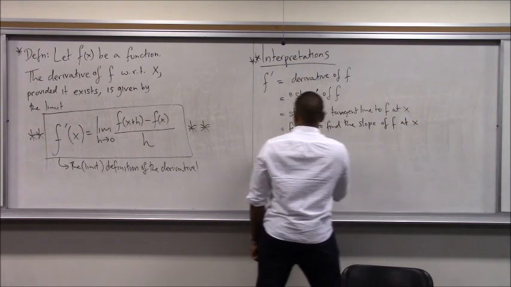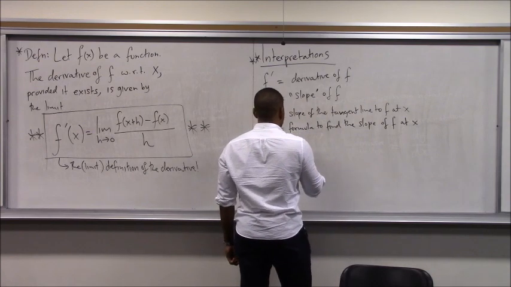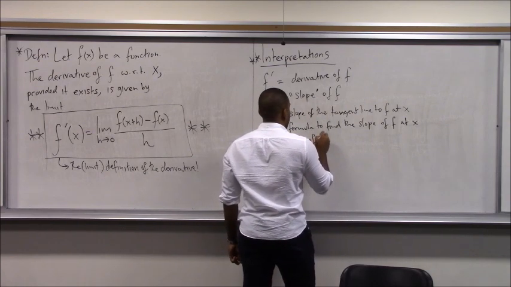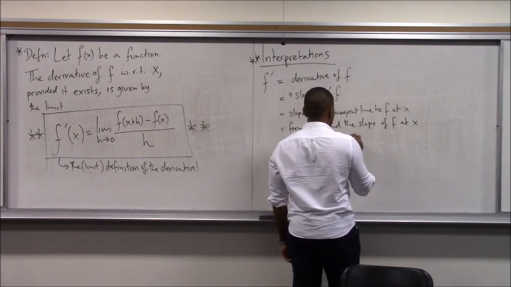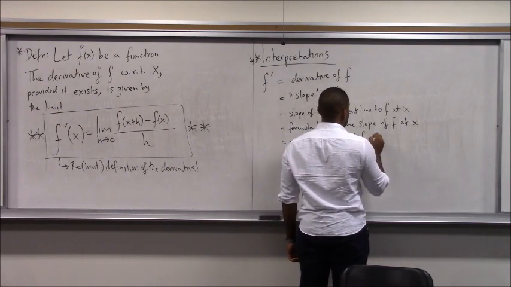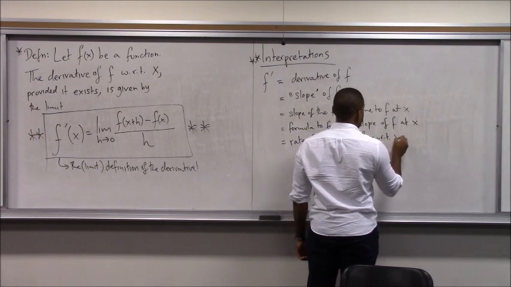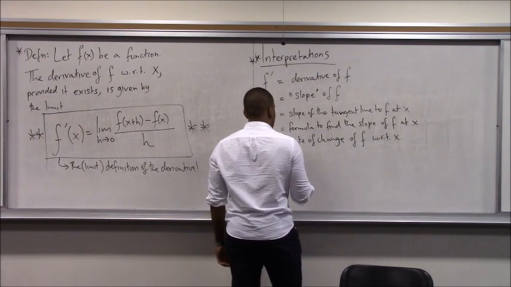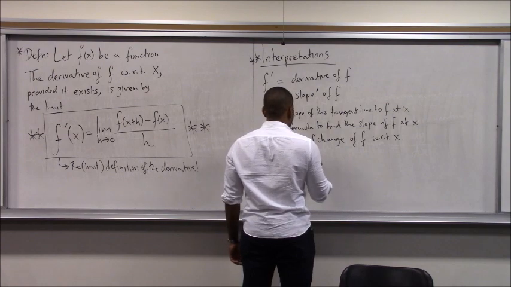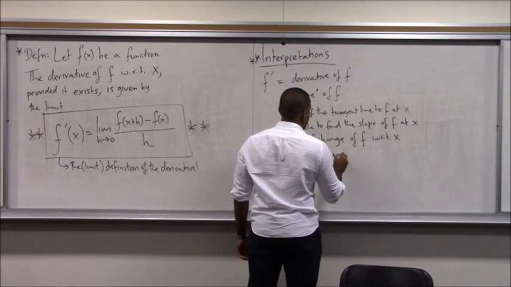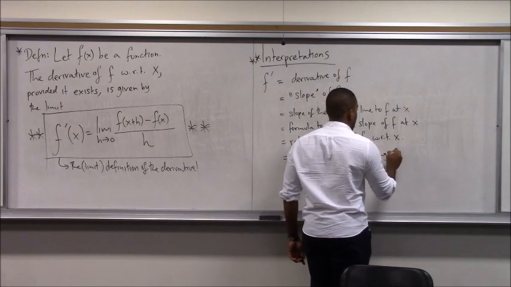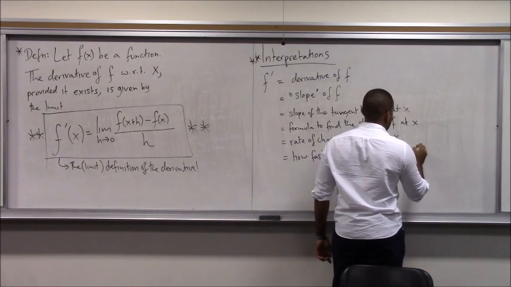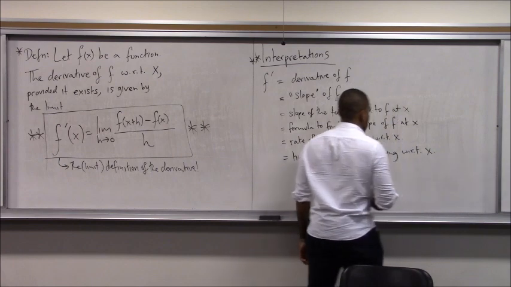At x, you can think of it as the rate of change. The fancy word for speed, but more general in terms of velocity, of f with respect to x. You can think of it as how fast y is changing with respect to x.